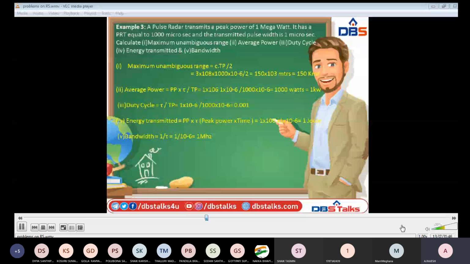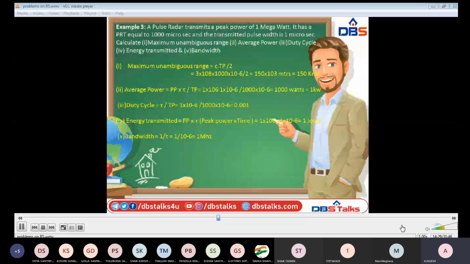That means they have given micro pulse width, that is 1 microsecond, that is 1 into 10 to the power of minus 6, by 1000 into 10 to the power of minus 6, which will be equal to 1000 watts, and that will be equal to 1 kilowatt.